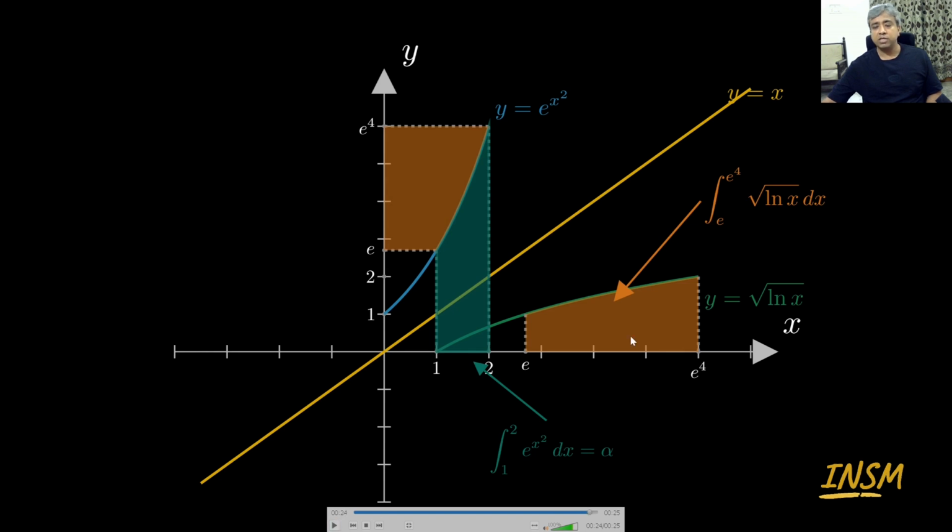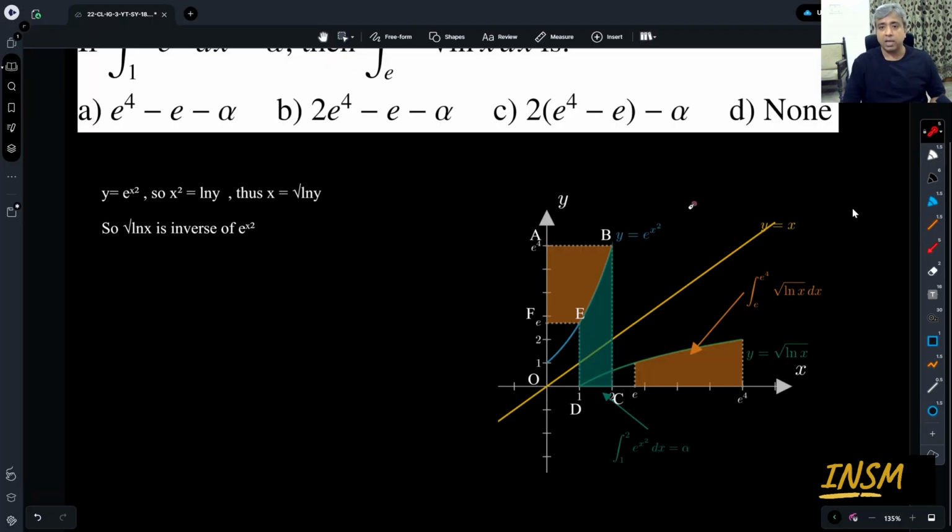So this area would be the same as this area, because this part is the mirror image of this part. So what is asked, this integral, would be equal to the area between y equal to e to the power x squared, y equal to e to the power 4, and the y-axis. So we get this part, the last part that we have in the figure here. So we need to find out this area.